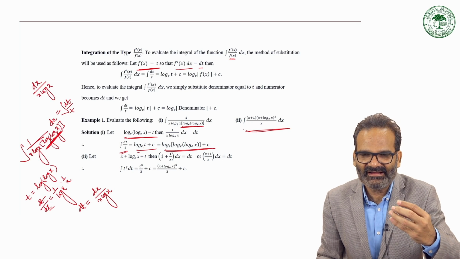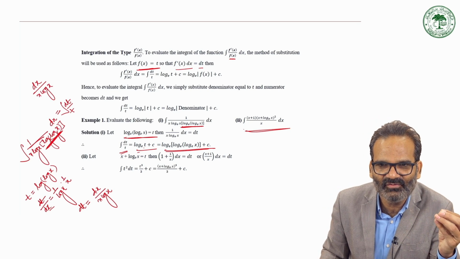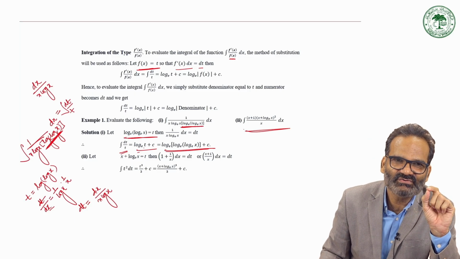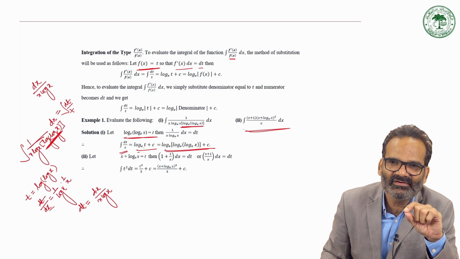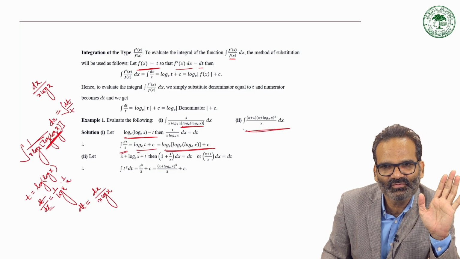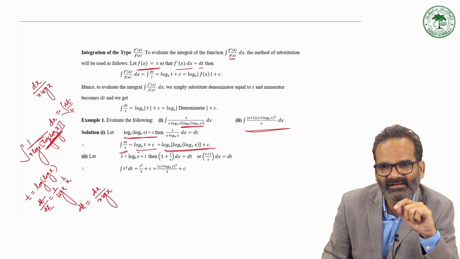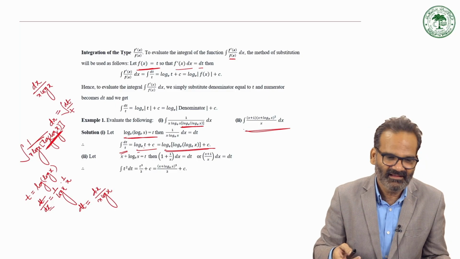So here, if you take t equal to x, from x you cannot find out x plus 1 or x plus log x. So it is ruled out. If you take t equal to x plus 1, then from x plus 1 you cannot find out x plus log x. It is also ruled out. And if you take t equal to x plus log x, then we have a chance of getting x plus 1 as well as x.